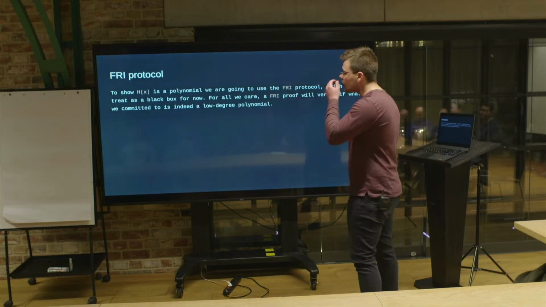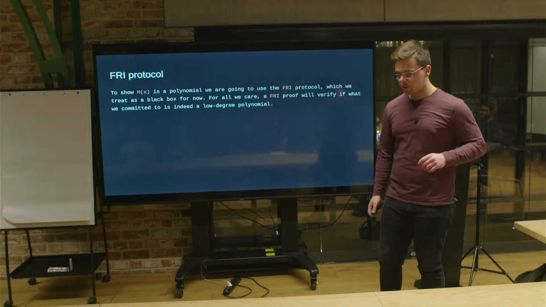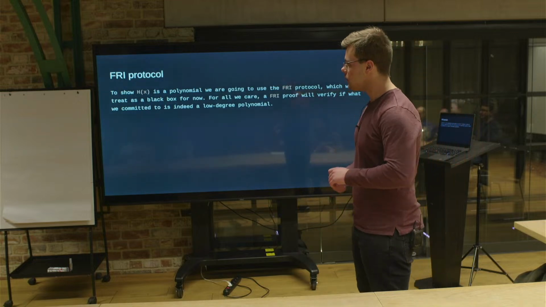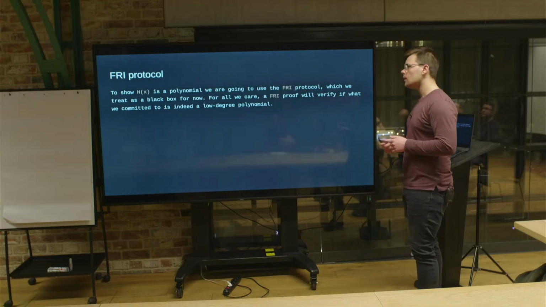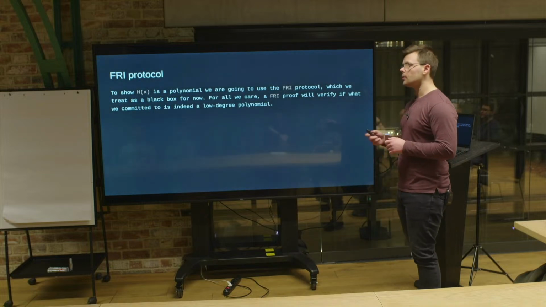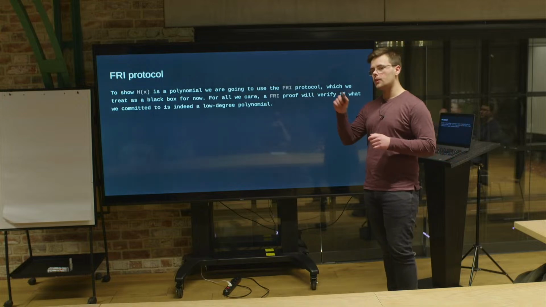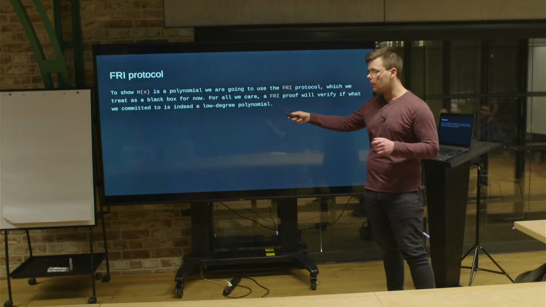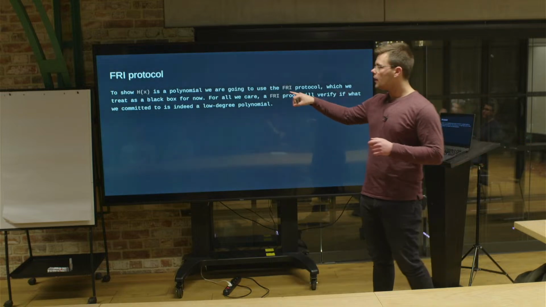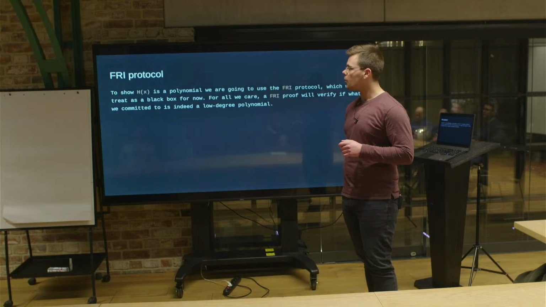Okay, next is the FRI protocol, briefly. The FRI protocol is an algorithm whose output is some sort of proof that can be verified by some party, and this proof is going to pass only if this function h(x) is a polynomial of low degree.